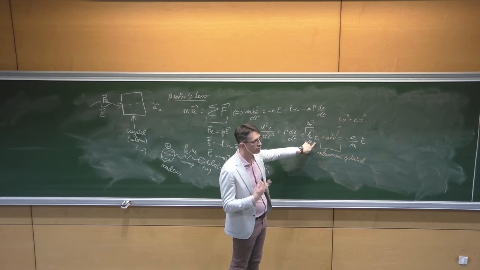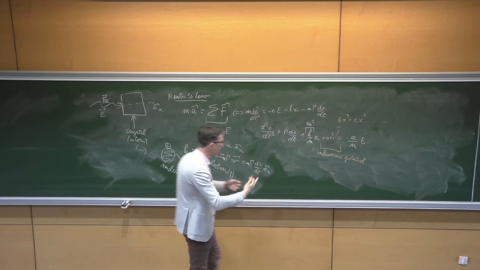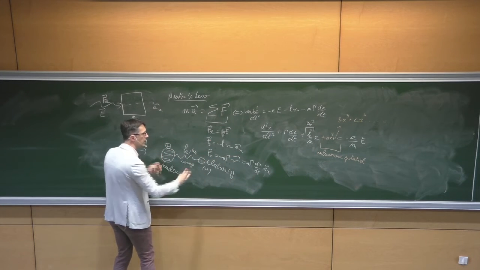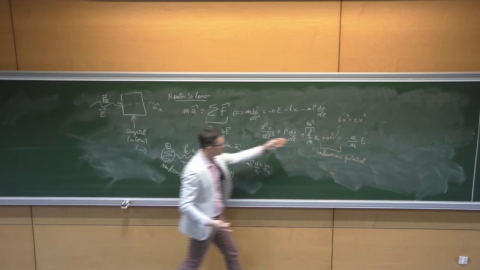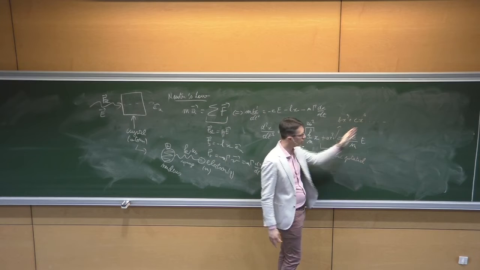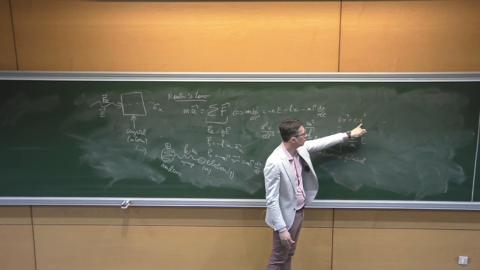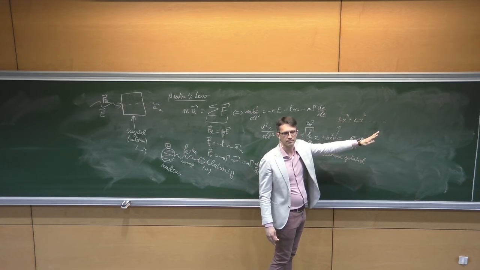But if the electric field that comes in, the very thing that moves the electron, is strong enough, then you can start to hit higher orders, and you can start to have anharmonic terms of x squared, x third, x fourth, and so on.